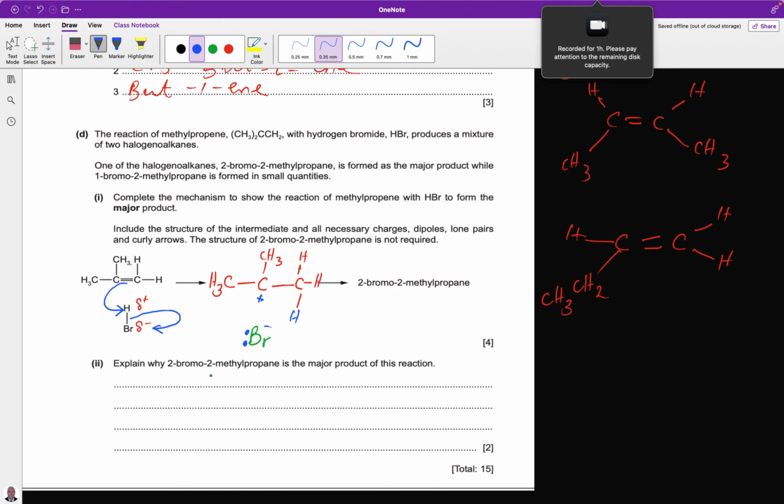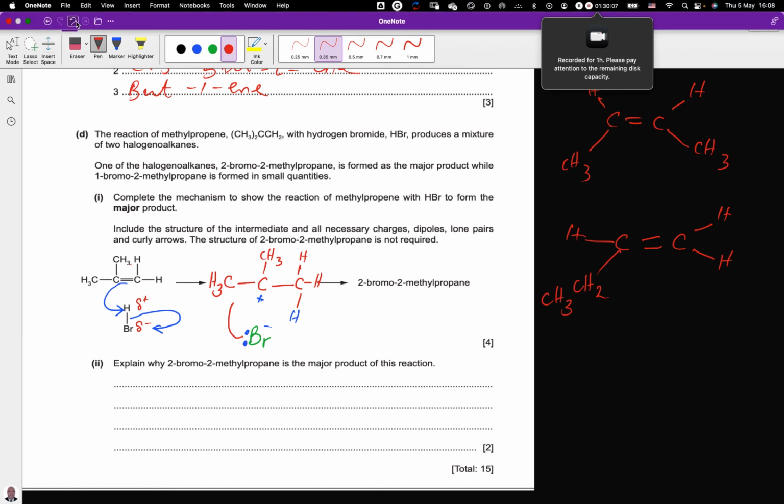But it doesn't end there, because there's going to be another attack. This carbocation is highly reactive, so it is attracted to the lone pair of electrons here. Let me use another color to show what is going on here.